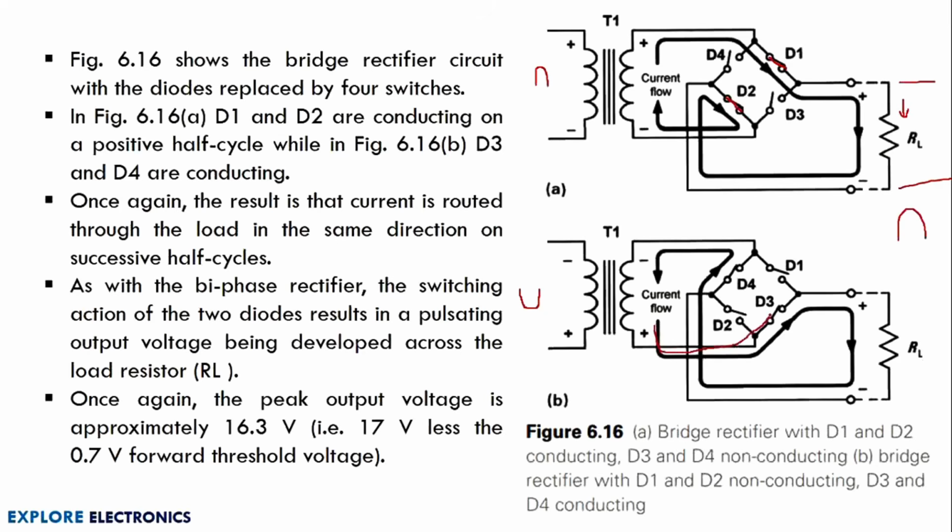Since D3 is forward biased, it will make the path for current to flow through RL. Again it will go through D4 and reach the other point. Here also the current flow direction will be in the same direction. That's why again we are going to get the same kind of output as we get in the positive half cycle. This is the bridge circuit.